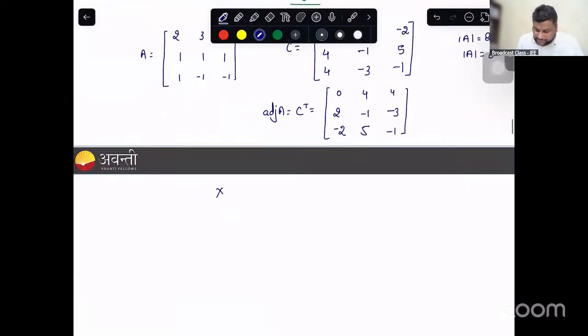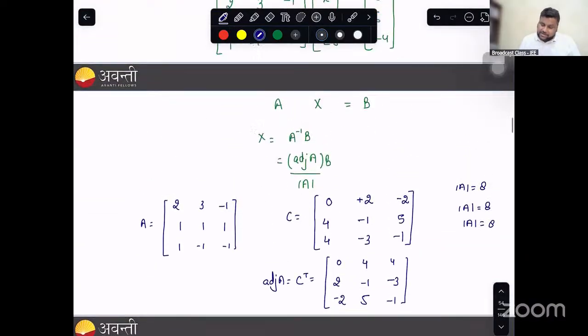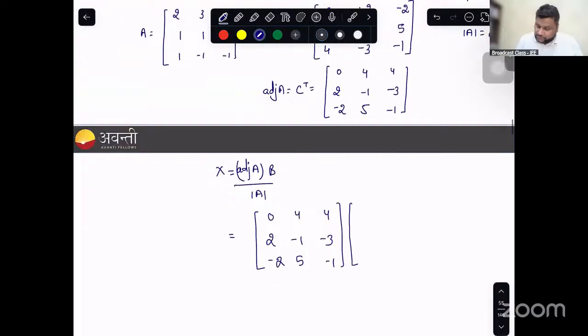Now, your X was adjoint A into B upon determinant of A. Adjoint A is 0, 4, 4, minus 2, 5, minus 1. What is B? 5, 6, minus 4. Upon determinant of A, which is 8.